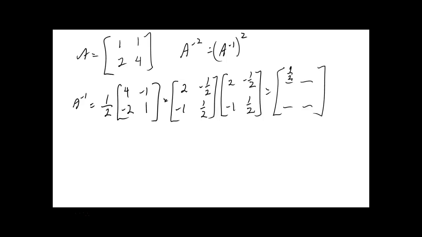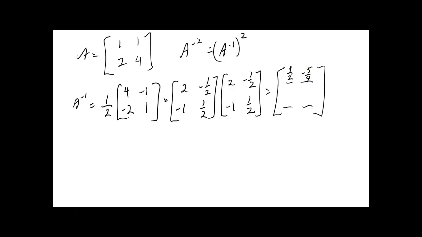Then 2 times negative 1/2 would be negative 1, right? Correct. Okay. And then this times that would be negative 1/4. So it would be a negative 1, negative 1/4 is negative 5/4. Is that what you said? Negative 5/4.